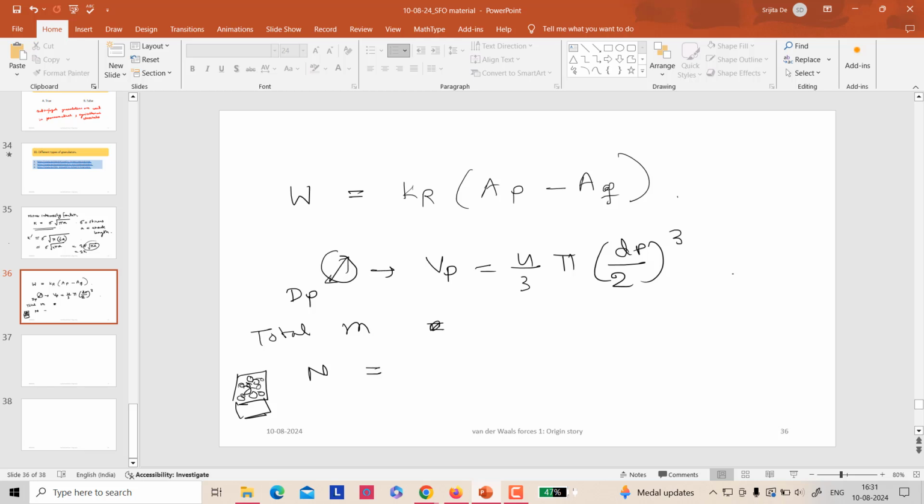So how will we calculate? This is the mass of the total particles divided by the volume of each particle and their each particle density, right? This is the total mass, and this is for the individual particle, and this is how we can calculate how many particles are there.